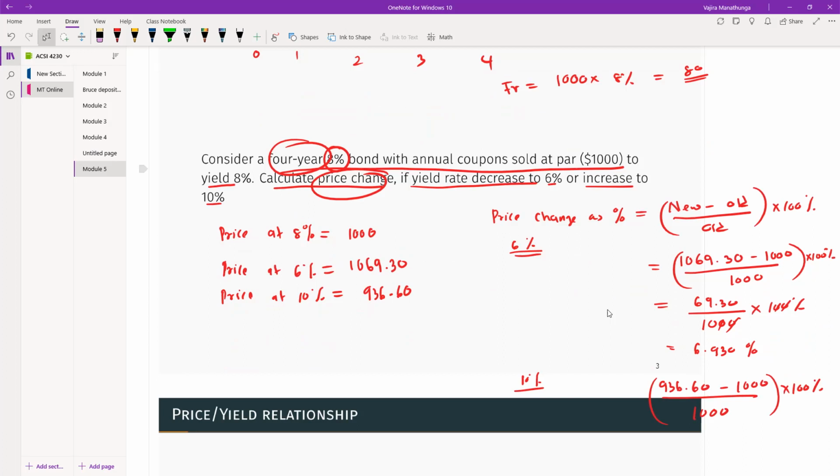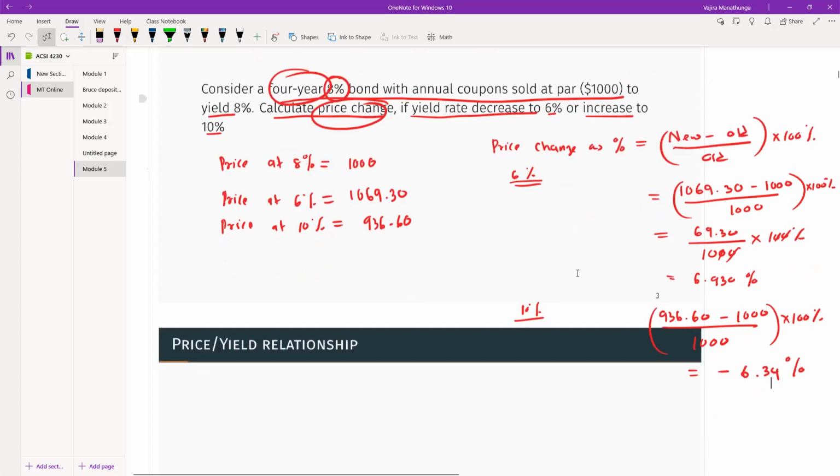So if I use my calculator, 936.60 minus 1,000, this would be a negative value actually. The percentage is going to be a negative value. So this would be negative 6.34. Okay, negative 6.34.